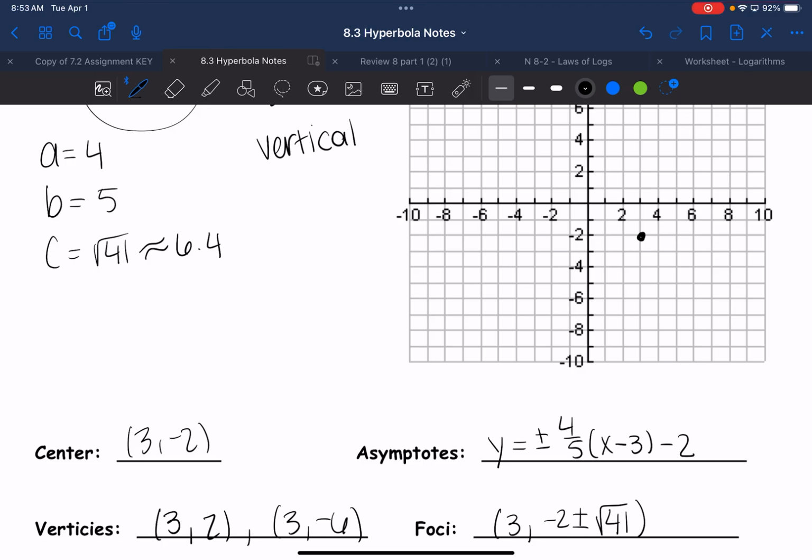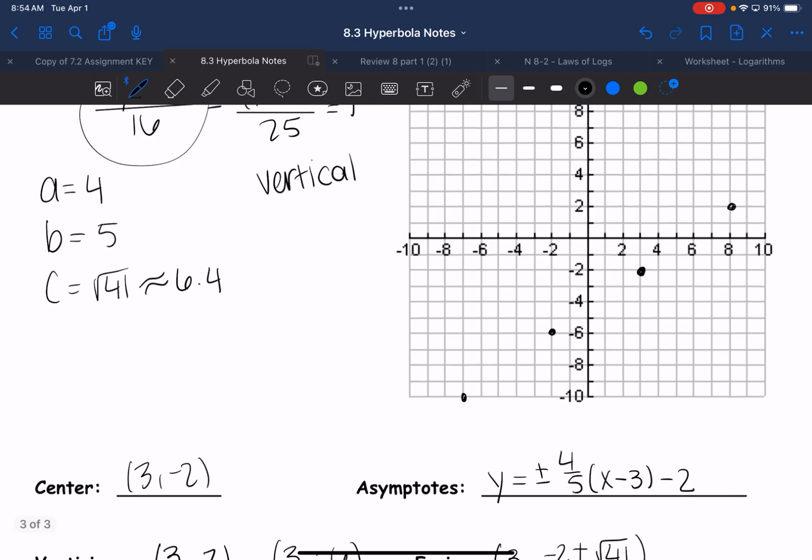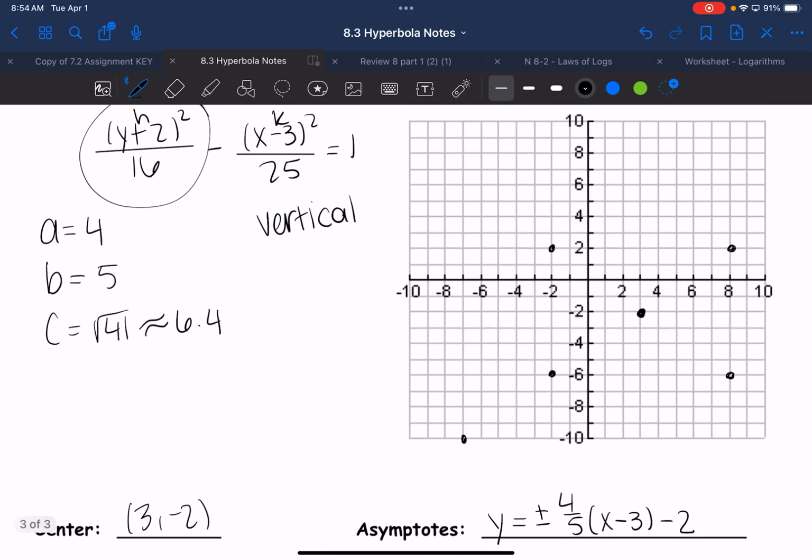And then our asymptotes obviously go through that center and have a slope of 4/5. Okay.